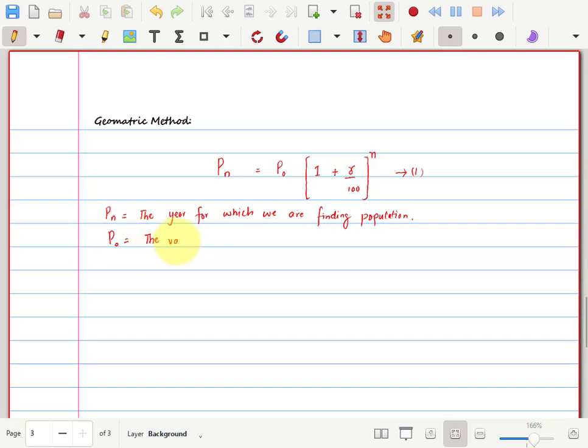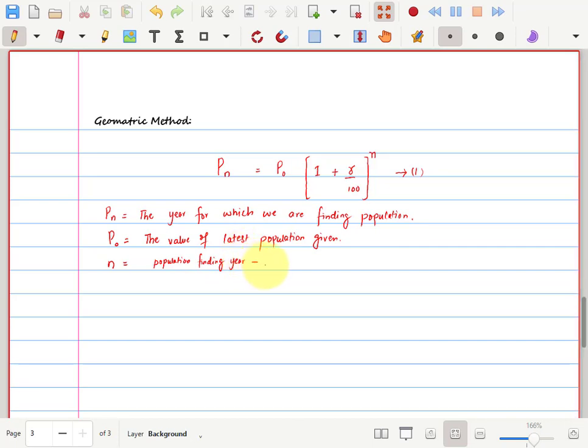P naught is the value of the latest population given. And again n is the same thing. N is equal to the year for which we are finding the population, like in 2020.